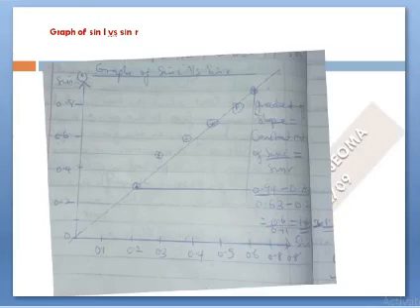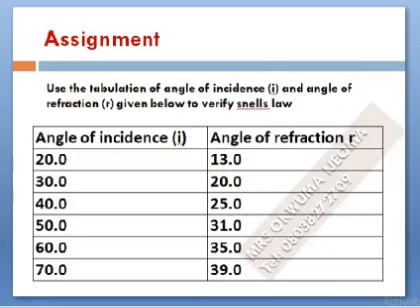Now we have found out the investigation of the laws of refraction using our what? Optical pins. Now we look at the assignments. Use the tabulation of angle of incidence I and angle of refraction R given below to verify Snell's law.